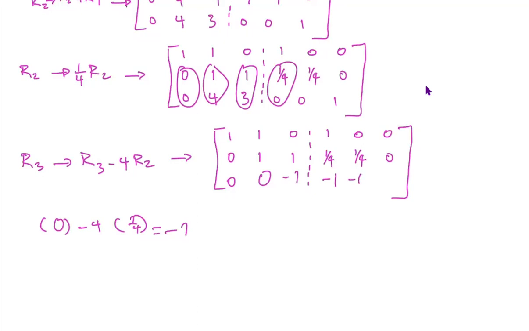Also negative 1. And then lastly, that one was 0, and then this one would be 0 minus 4 times 1. That's negative 4.